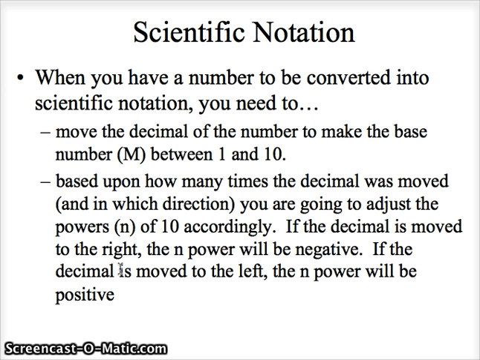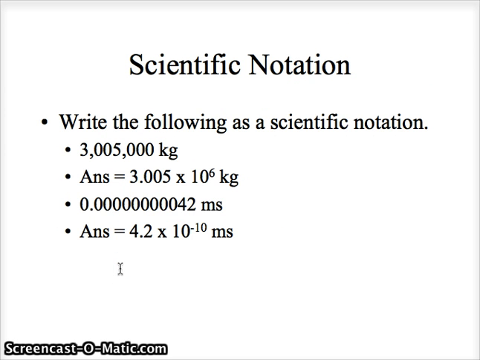So let's see how this works out. If I were to look at this value here, 3,005,000 kilograms, then to change that value into scientific notation, the decimal point is at the far right, to the right of the last zero.